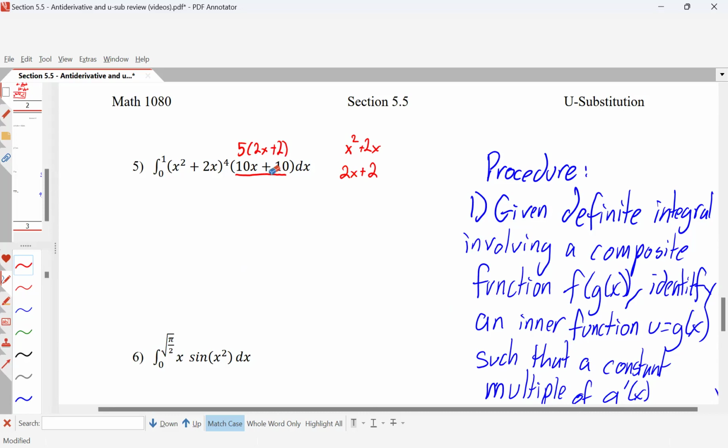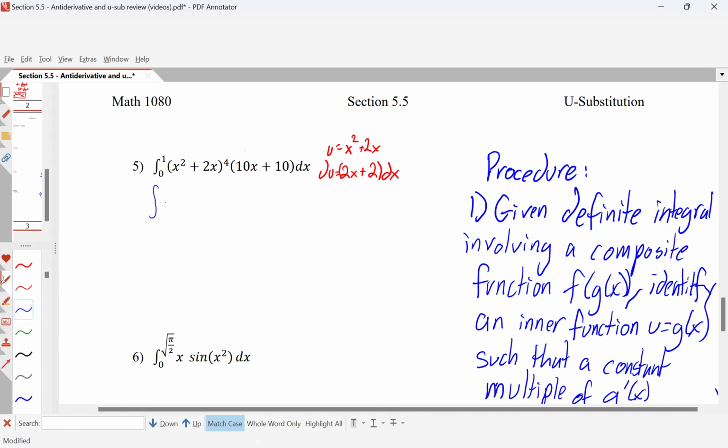So that tells me that's going to be our U-substitution. So u equals x squared plus 2x, du equals 2x plus 2 in parentheses, dx. And we can now substitute that into our integral.